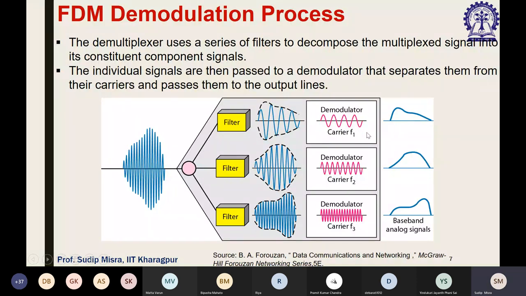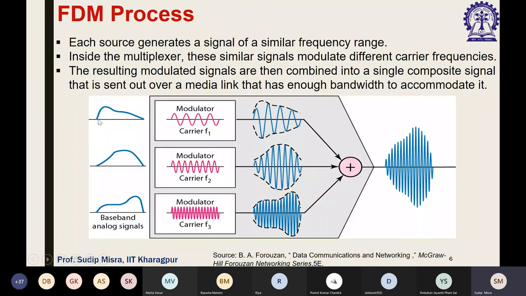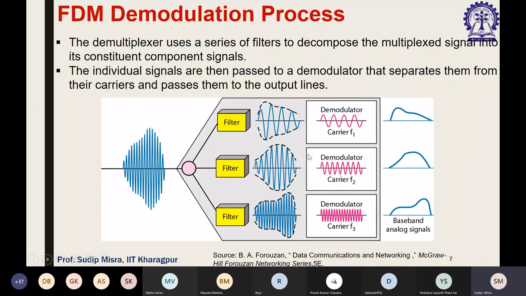I hope this concept is clear to all of you. The signal components we received individually are separated out and then sent through separate output lines. Is this clear?